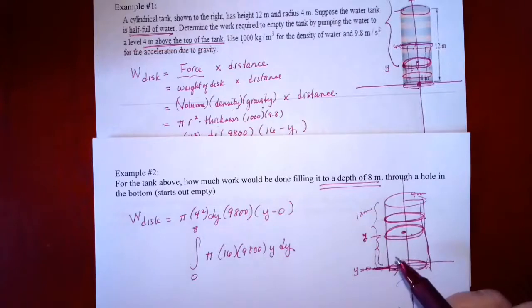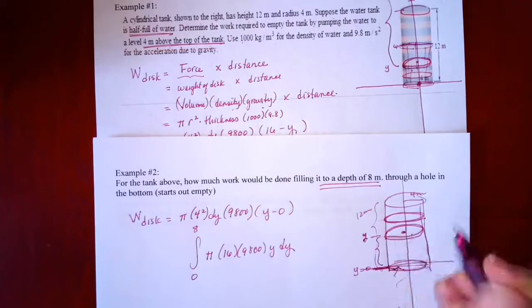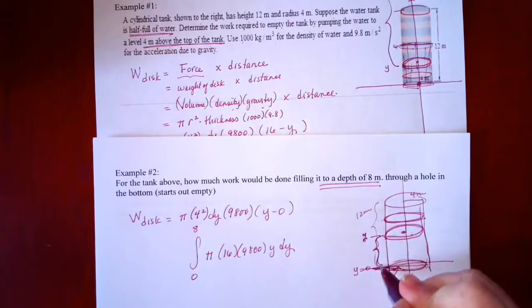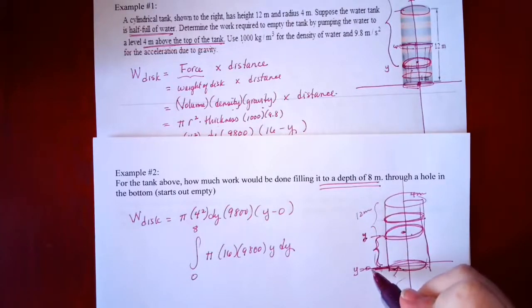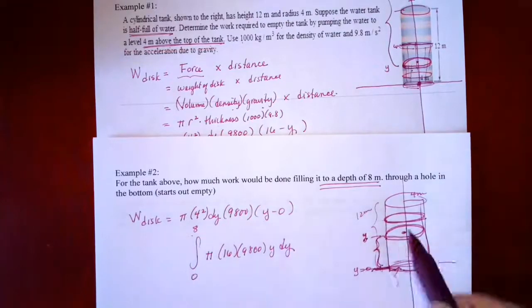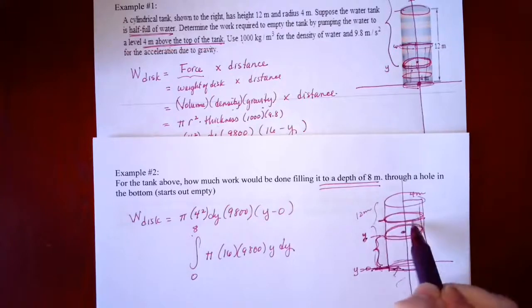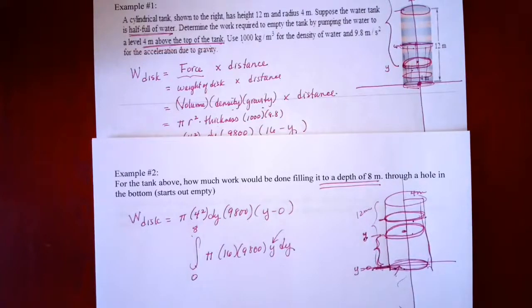So the distance that we had to lift that from the bottom of the tank to its final destination was this distance right here, which is y minus 0. Now the 8 would only be true for the very top disc. That very top disc had to go 8 meters, but we get that part in with our limits of integration. This distance changes for every different disc of water.